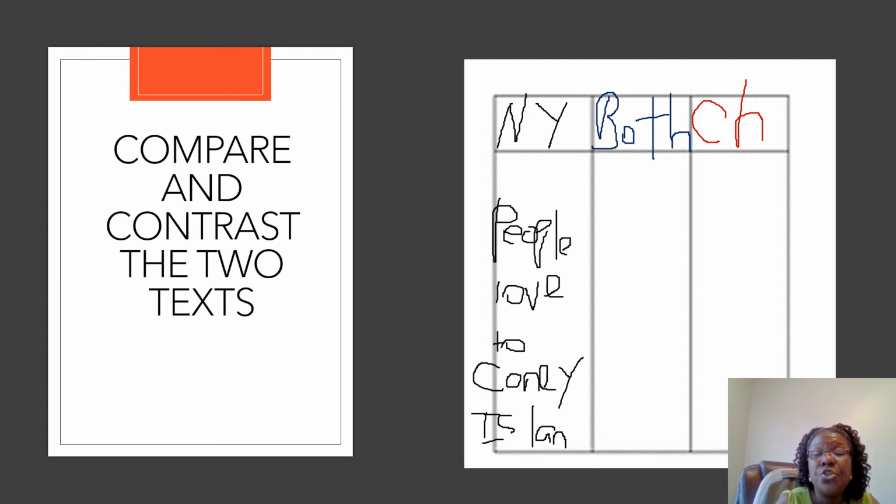And what do you know about Chicago? So let's take Chicago. It has to be different. What do we know about Chicago? Many people come to work there. So we can write that. People go there for work. So let me write that.